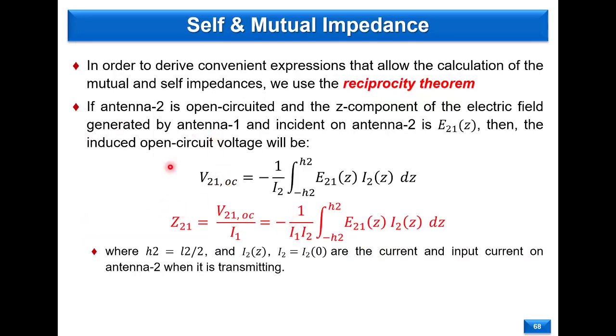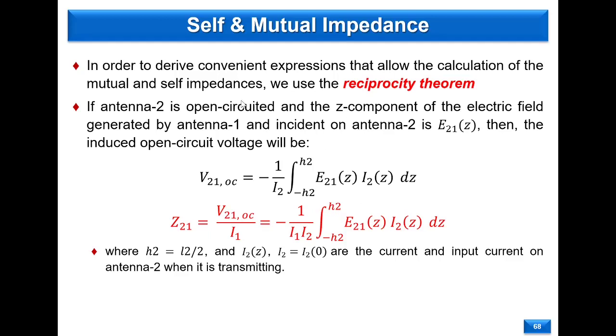How to find this, like the open circuit voltage at 2 due to 1? The open circuit voltage at 2 is caused by current 1. So we go for antenna 2, we use the field generated by 1 at the position of antenna 2, and take a dot product of this.